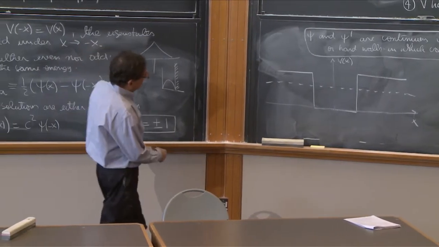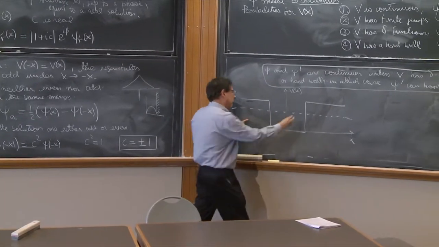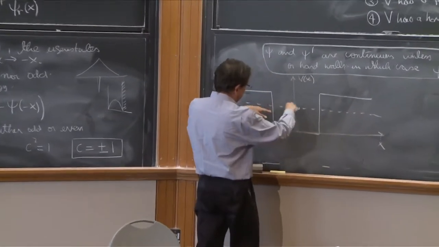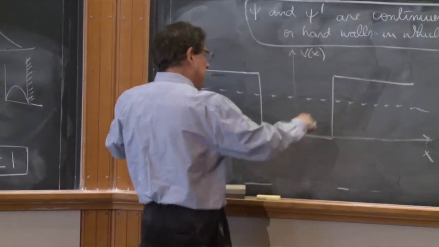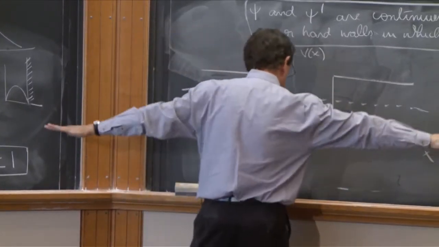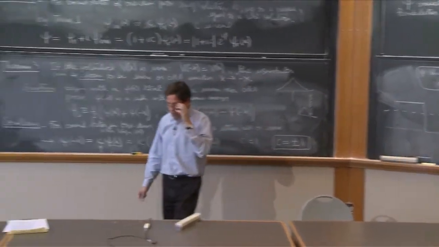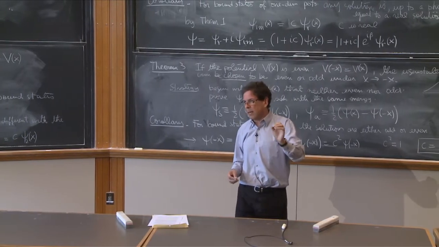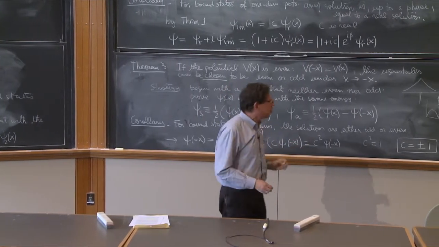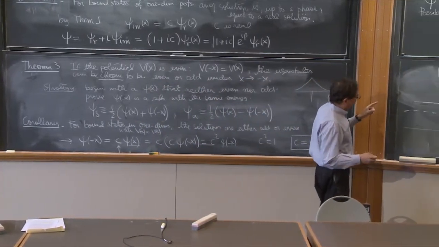Why? Because solutions here are exponentials that decay, and here the wave function would be oscillating, presumably. So the wave function goes to 0 at infinity, and you could get a bound state. So let's see how we get a bound state. Now, the argument I'm going to follow is just an elaboration of something you can read in Shankar. It's a nice and simple argument.